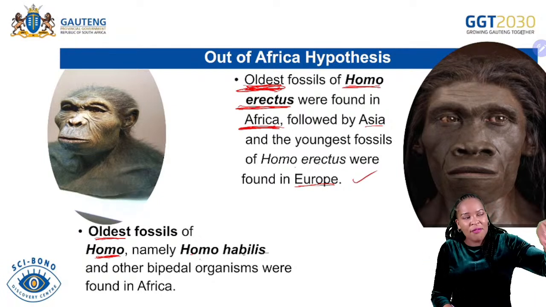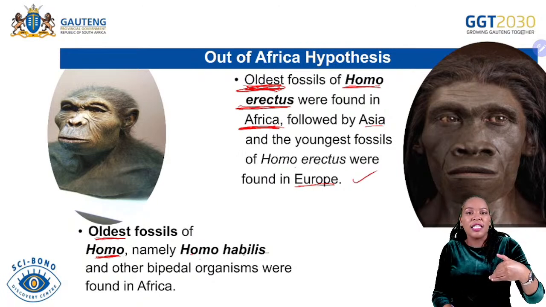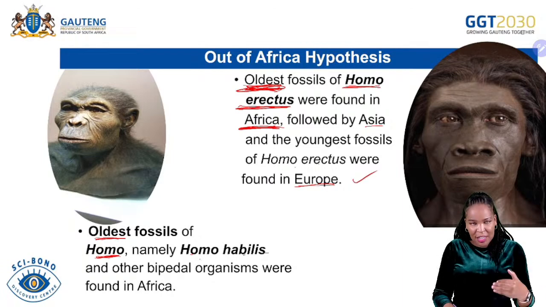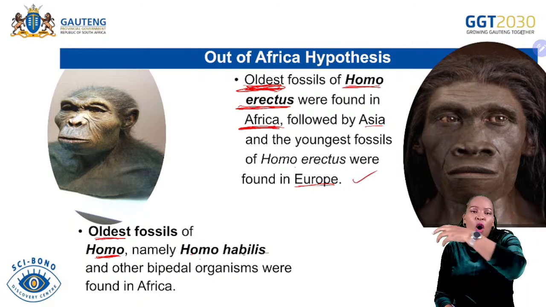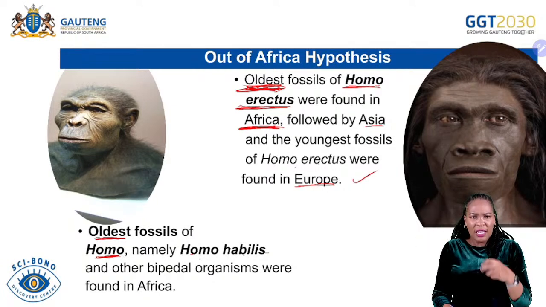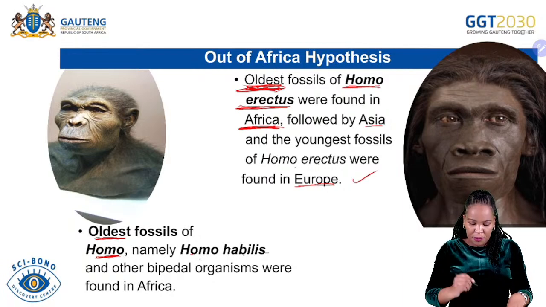The other ones found in other continents will be younger than the one that we found in Africa. So if Africa has the oldest, then it means Africa is where they originated before they migrated to other parts of the world. I hope that gives you marks to prove the out of Africa hypothesis.